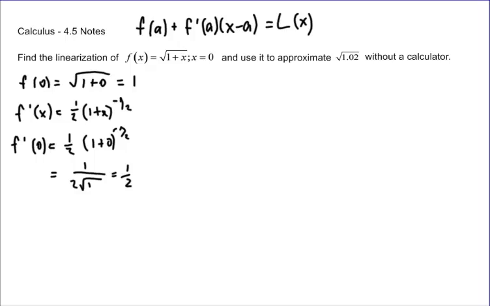To write our linearization, we take f of a, which is 1. L of x is equal to 1 plus the derivative at a, 1/2, times x minus a, which is 1/2 times x minus 0.